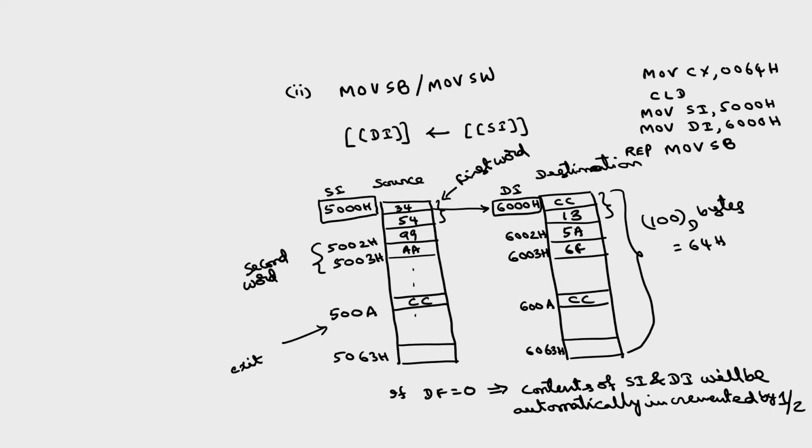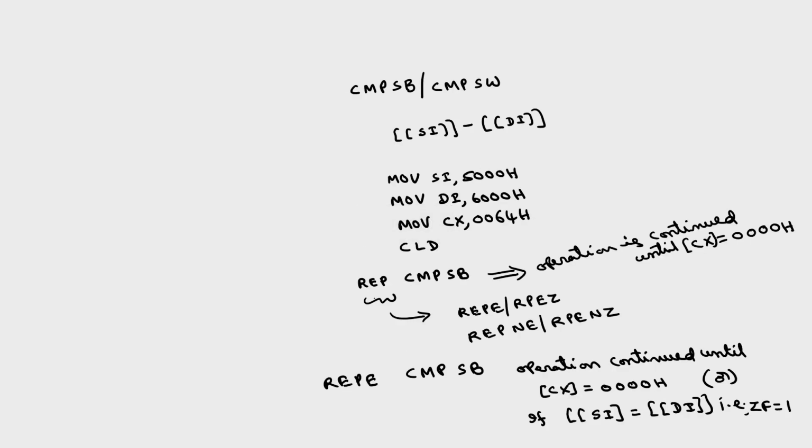There are two conditions for exiting this one. It is continued if CX is not equal to 0000, and SI is equal to DI, or it will quit if CX is equal to 0000 or SI is not equal to DI.